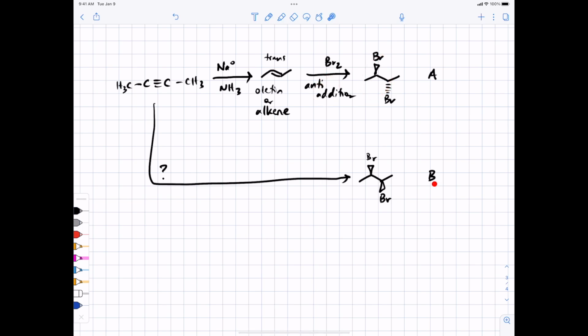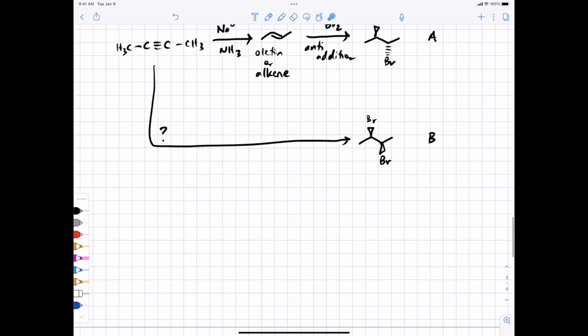What about B? First thing that's going to deceive you about B is you're going to look at that and say, wait. Syn addition of Br across a double bond? I don't know of a reaction that takes the trans olefin and does syn addition of Br2. Did you use that hydrogenation reaction to get it to a single bond and rotate the carbon one?